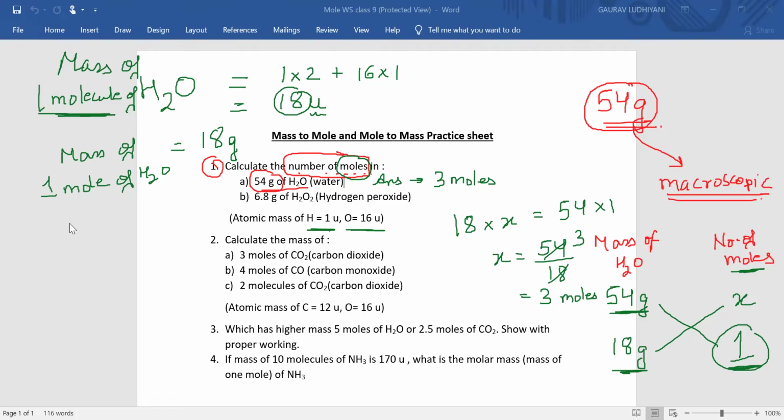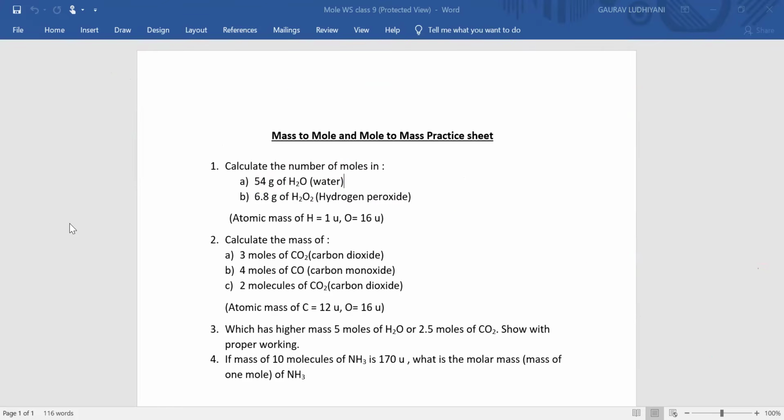But I personally feel that solving the questions with a unitary method and applying the tips and tricks that I've told you is going to make you understand chemistry better, rather than making it a formula based thing. You are going to imagine things in a better way.